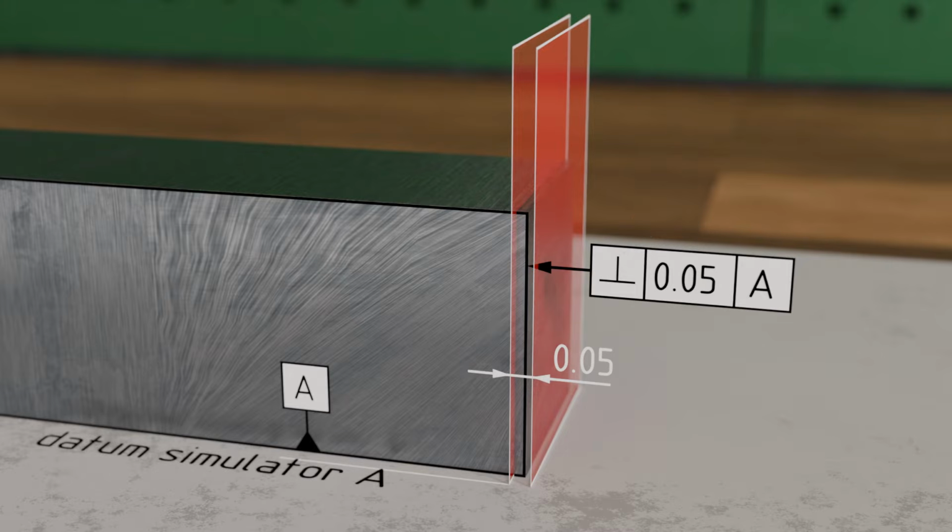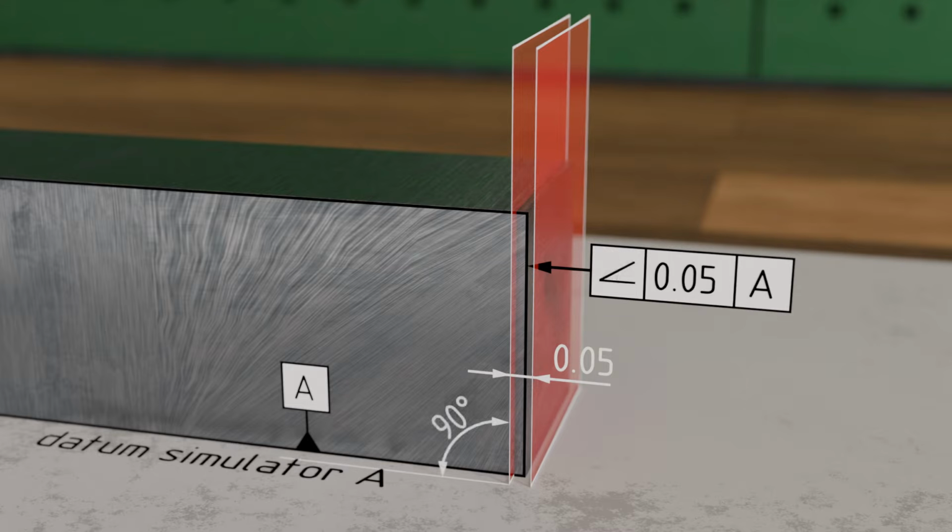However, the same procedure for creating the tolerance zone applies to perpendicularity as it does for angularity. The cuboid-shaped tolerance zone is formed by two parallel planes that are perpendicular to the theoretically perfectly flat reference surface, also called our datum simulator, and whose distance corresponds to the tolerance value. The tolerated geometric feature, in our case the side surface, must therefore lie entirely within these two planes.